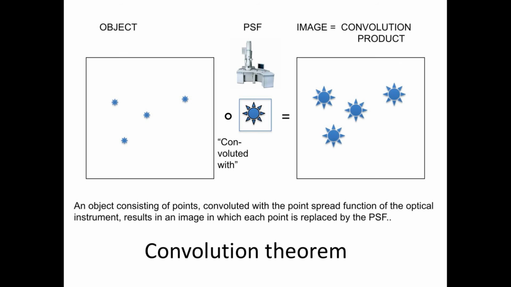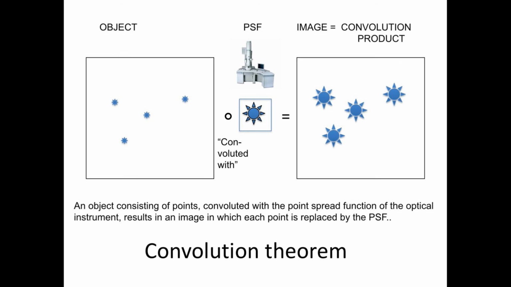Okay, so now the convolution theorem. That's a very important thing to know, and it's sort of basic to understanding everything about image formation and also about 3D reconstruction. So here's the object, and here's the image.